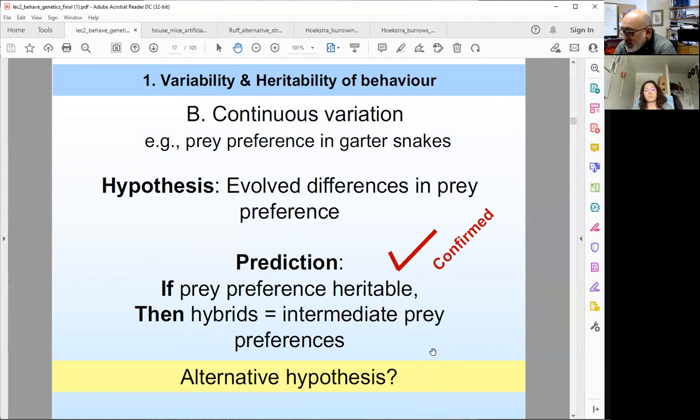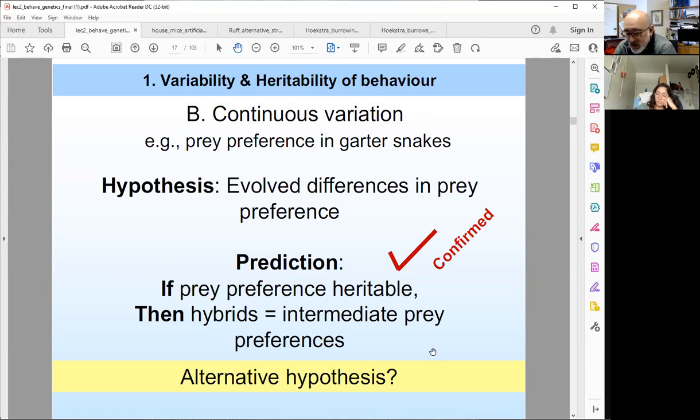And in fact, that seems to be the case based on some studies. So there is some evidence that this is an evolved preference, that this behavior has evolved, and that snakes that are on the coast have evolved a preference for these slugs.